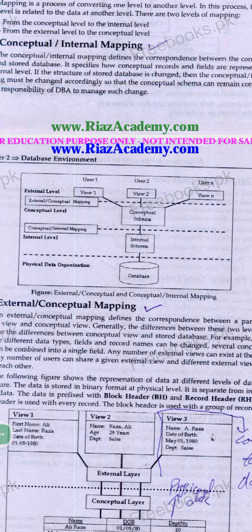Data is abstracted or hidden from users. At external level, we hide the complexities of the internal and conceptual levels from the users. Okay. So users just need their required data. In mapping, if a user wants to see some data, they send a command to the conceptual level.